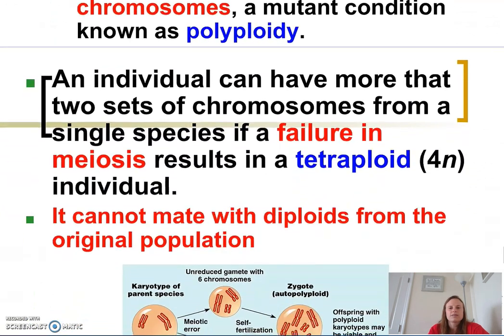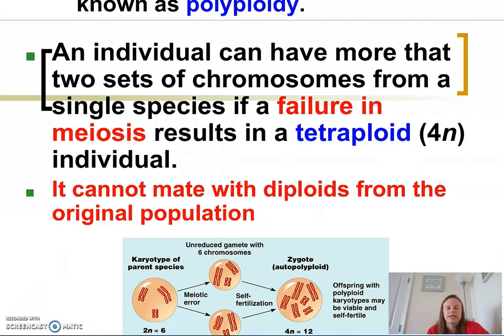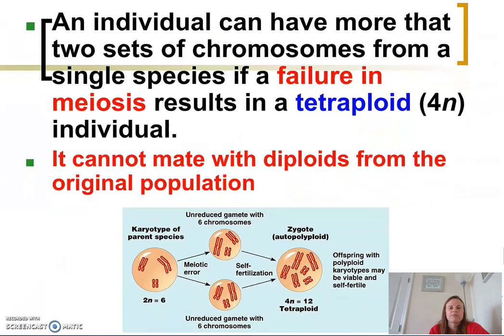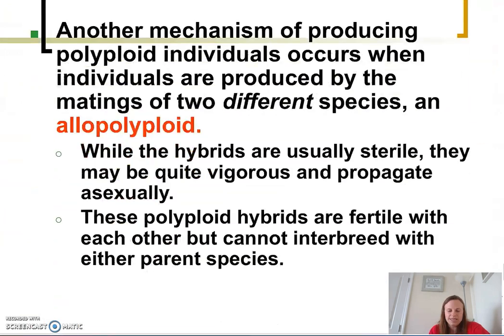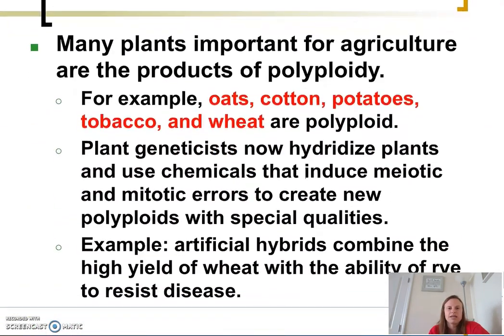So now this organism is known as a tetraploid. It's got double the number of chromosomes, which is probably because of non-disjunction during meiosis. So now my tetraploid organisms can no longer mate with the diploids from the original population. This occurs in plants. It's rare, but you will see it in plants.